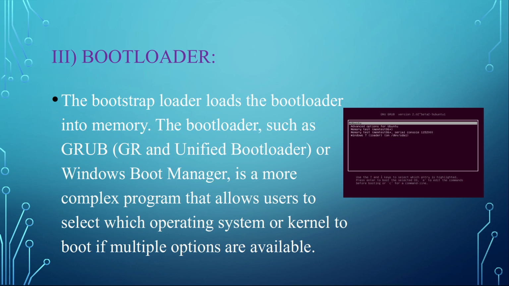The newer UEFI systems will use GRUB as a bootloader. The full form of GRUB is Grand Unified Bootloader. Windows systems use Windows Boot Manager, whereas Linux systems use GRUB, the Grand Unified Bootloader.